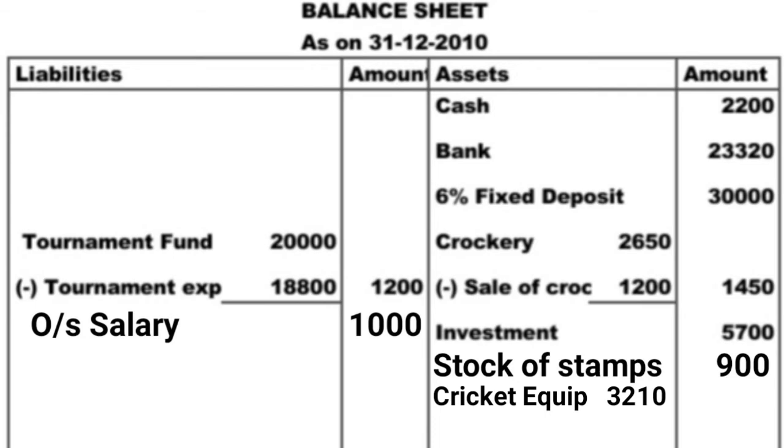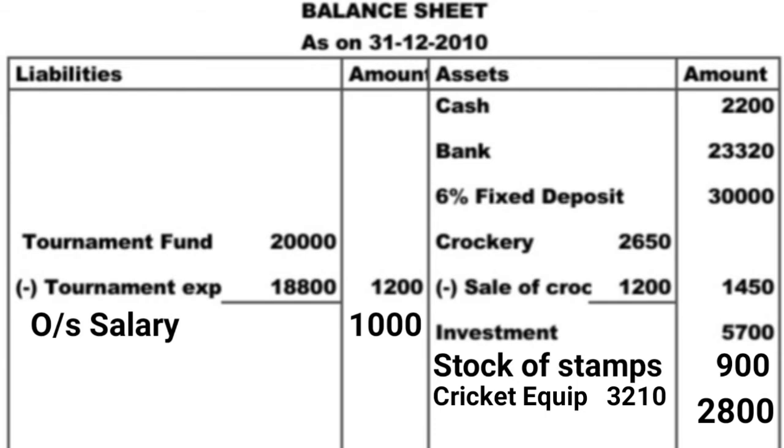Here, the closing balance of equipment we posted in this current year. Then the closing balance on 31st December 2010, they gave rupees 2,800. This closing balance I will write in the outer column because this is the closing balance of equipment given in the question.